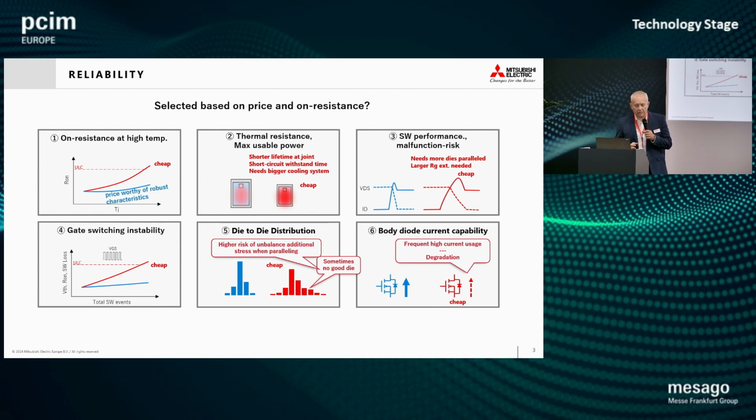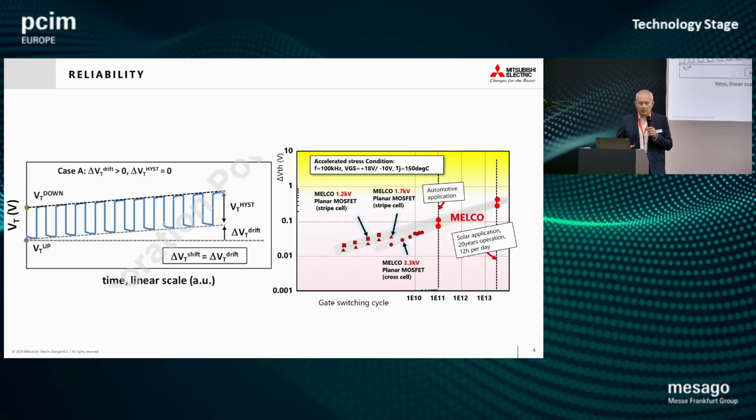Today, let me concentrate on number 4 and number 6, on gate switching instability and body diode current capability. For sure, threshold voltage movement during operation depends on the number of switching events during the lifetime. But how big is this shift? It is depicted on the right side.